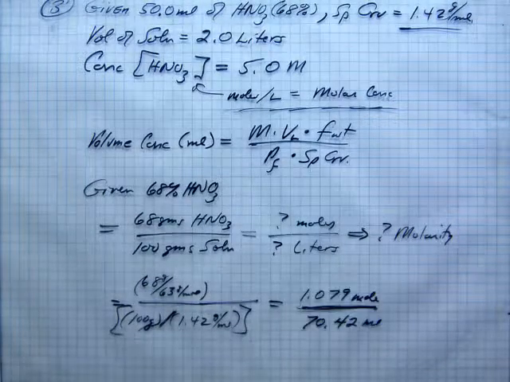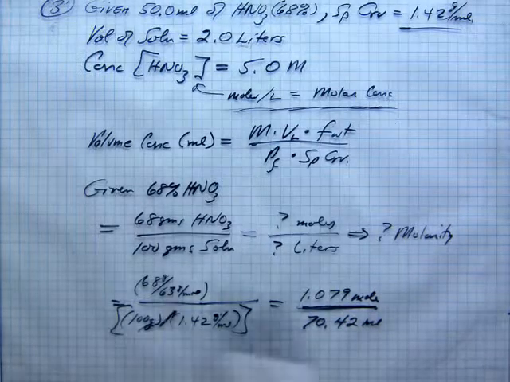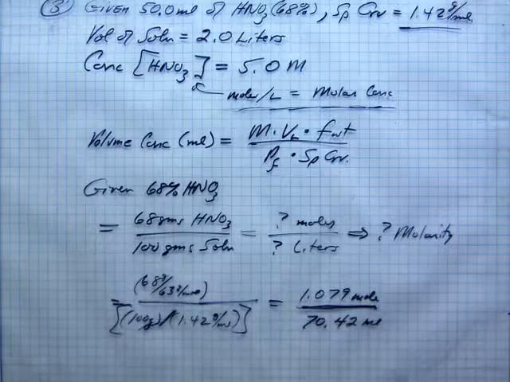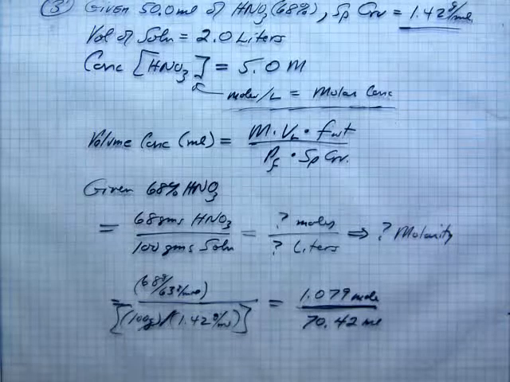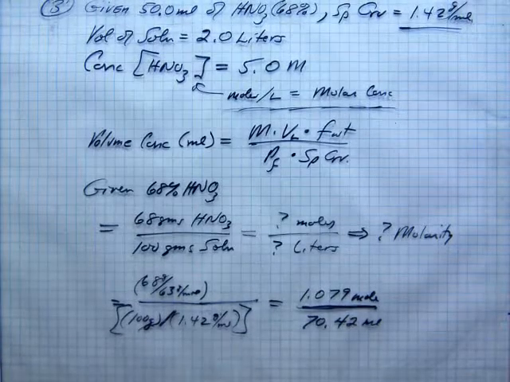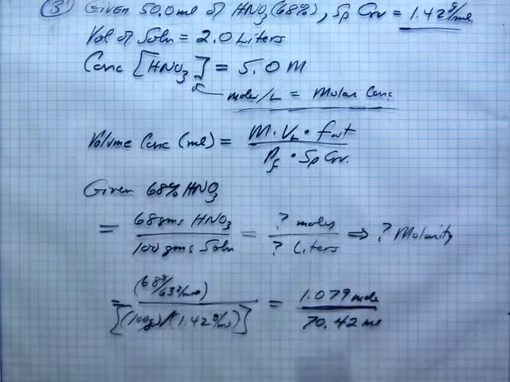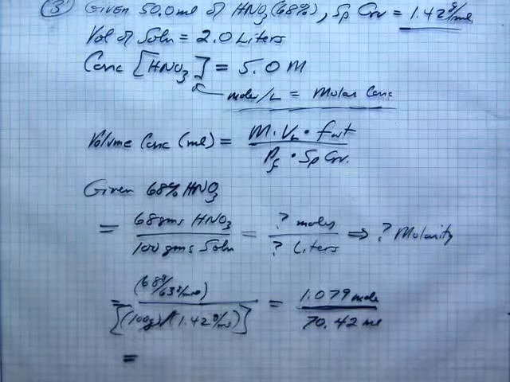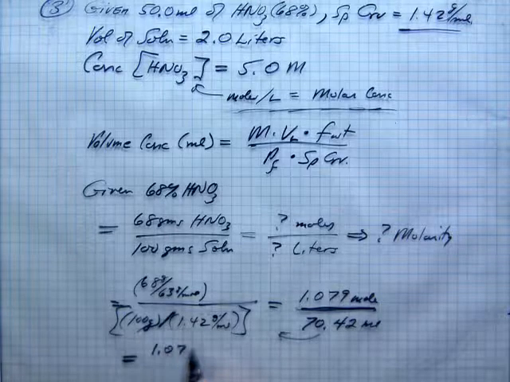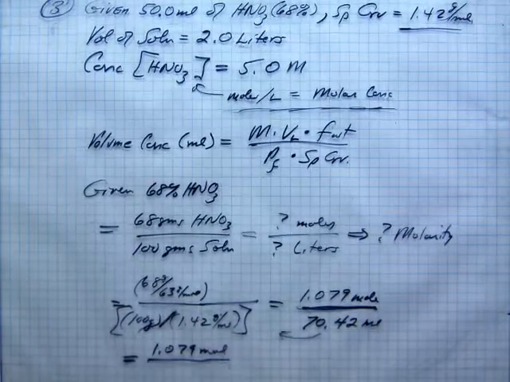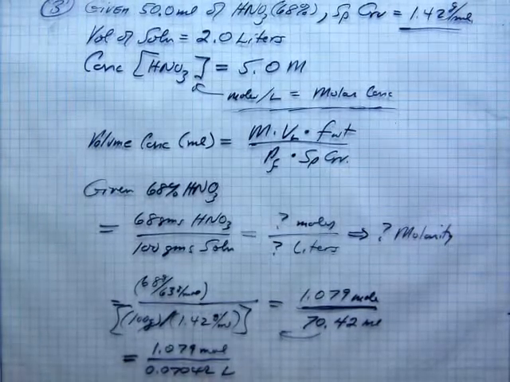This will compute to give us 1.079 moles, and when we divide the specific gravity into 100, we invert the units and multiply, and we get milliliters. Of course, that has to be in liters, so we move the decimal three places to the left, and we have 1.079 moles divided by 0.07042 liters.